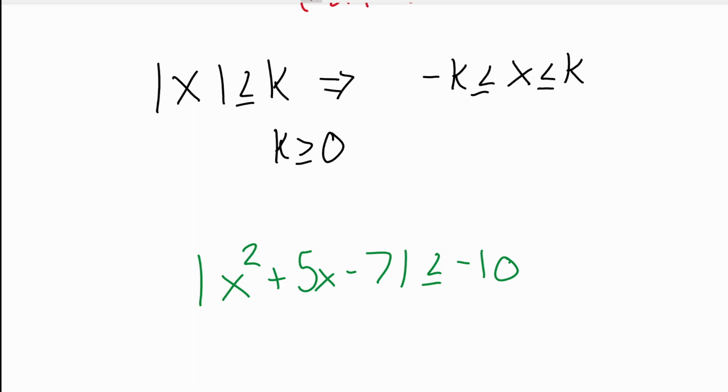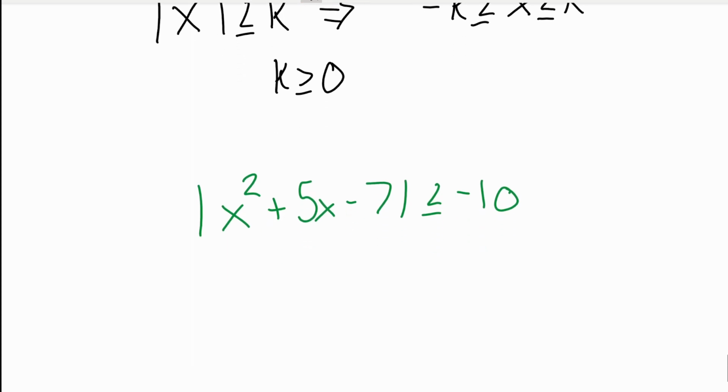Just think about what this is asking: when is the absolute value of something less than or equal to -10? Well, it can't be, right? The absolute value function has to be positive. The lowest number it can possibly be is 0. So we would know automatically this is no solution. It can't be less than or equal to a negative number.